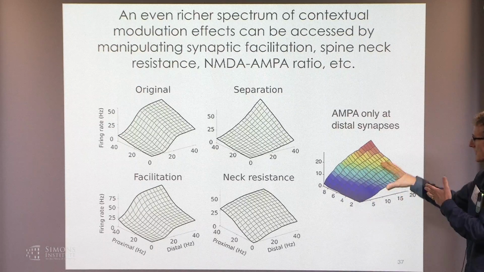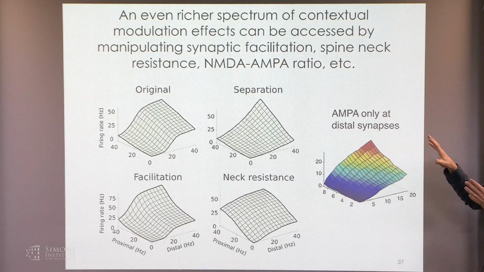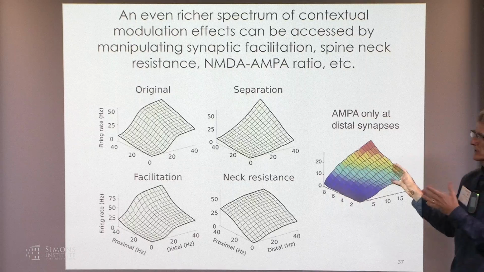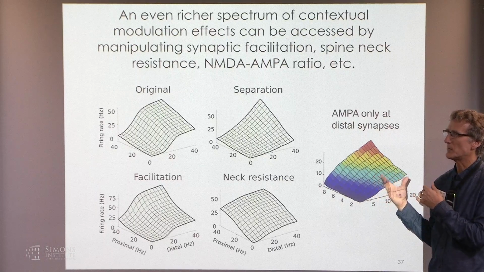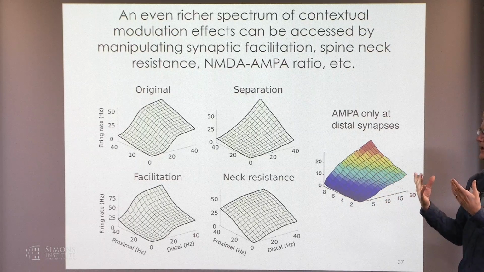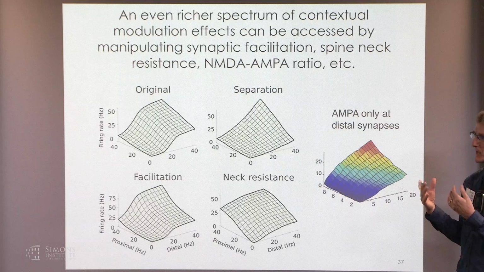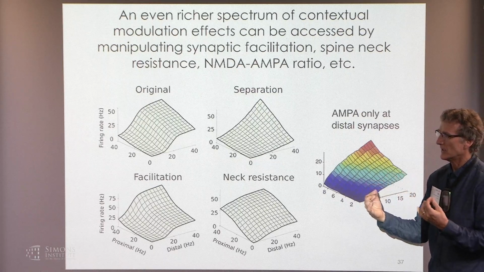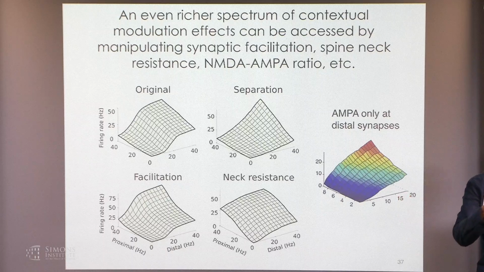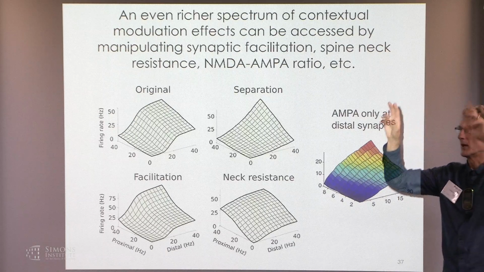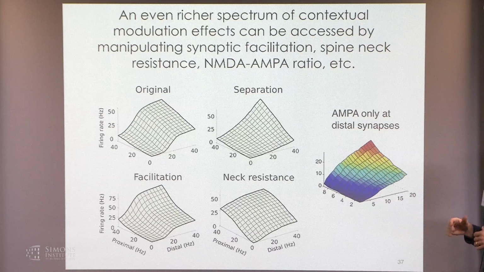So there are just a lot of different possibilities, and that's what we see our job as doing a little bit: working out what the parameters that actually exist in the biology and in these cells make available to you, the brain designer out there, who is trying to use these biophysical mechanisms in order to compute something. There's a lot of flexibility.